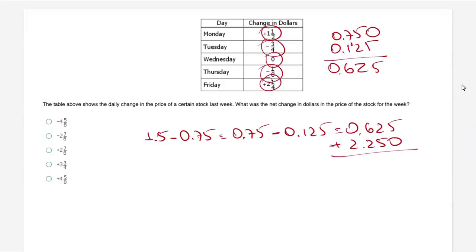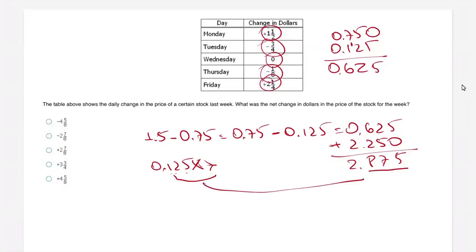2 and 25 plus 2 and 25. Okay, 1 over 4 is 0.25. 5, 7, 8, 2. Okay, it's 1 to 5 times 7. Okay, so this is 2 and 7 over 8. Or you can guess 2, okay, and 2.